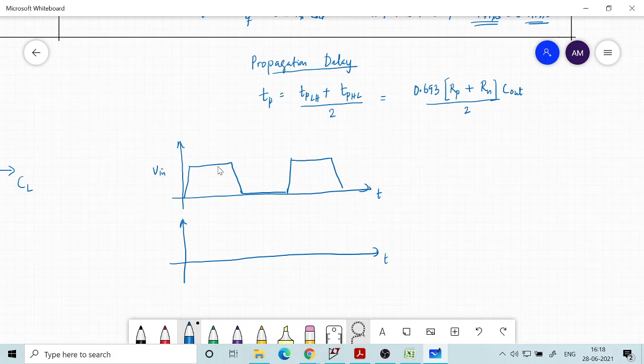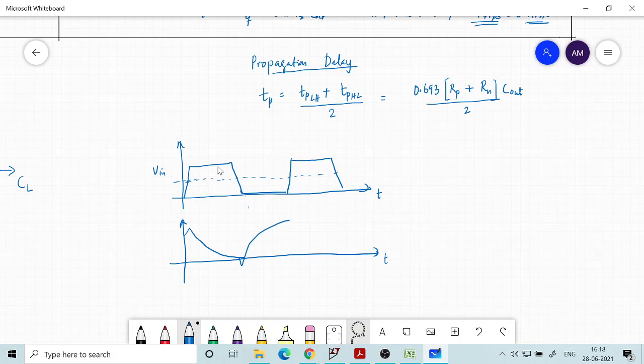So what will happen when the input goes high? We have to note the 50% point on the input waveform, and then as you have seen, there is going to be a rise.